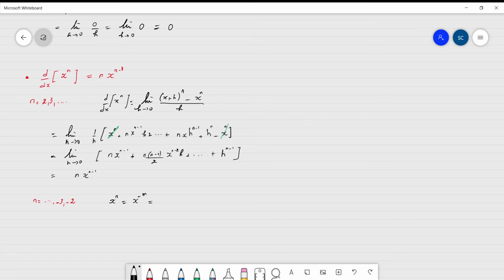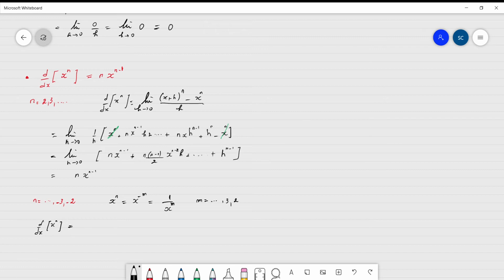So it is 1 over x to the m, and here m takes positive values, so 2, 3, etc. When you write your limit, look for the limit. I give you just the idea; you can finish it by yourself.